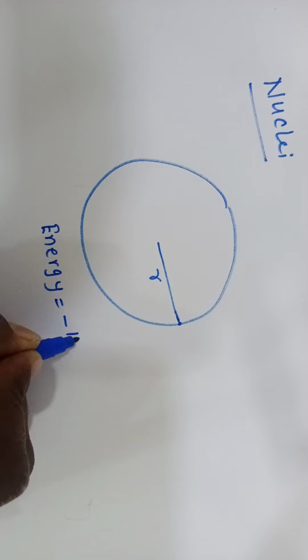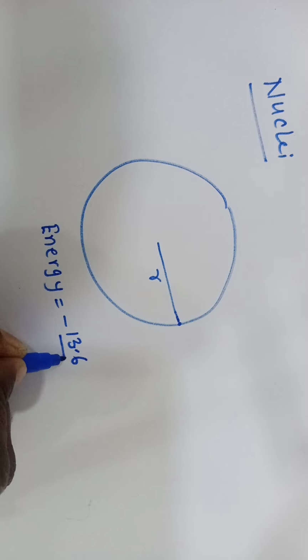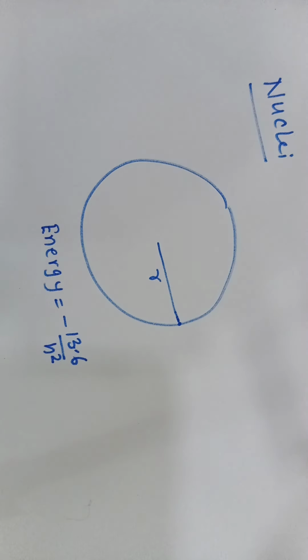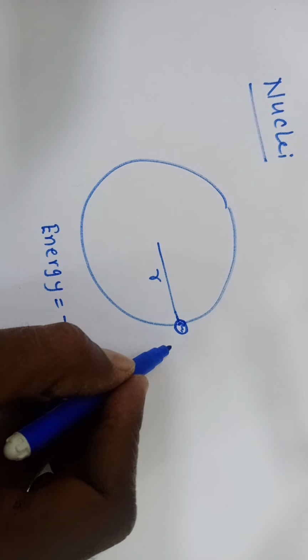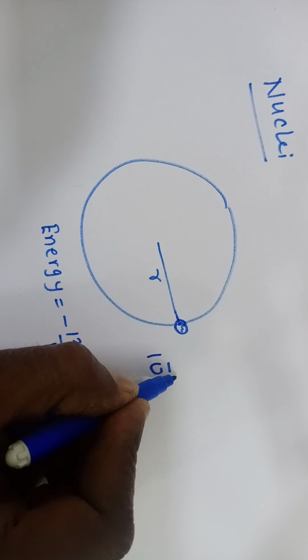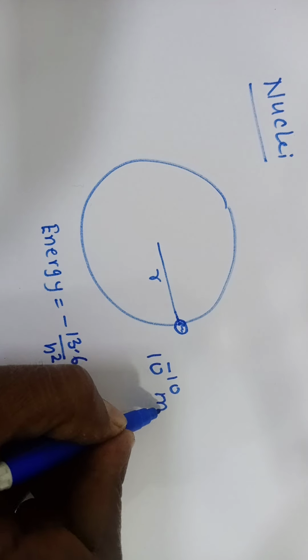Energy is minus 13.6 upon n squared. But that was the atom, the very big size of the atom, and the size of the atom is 10 to the power minus 10 meter.